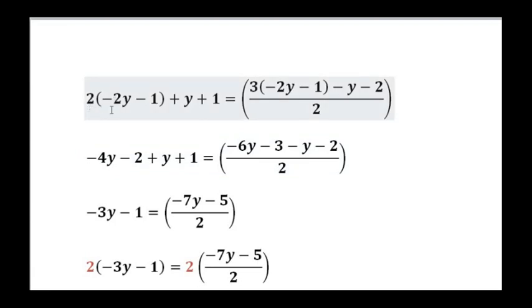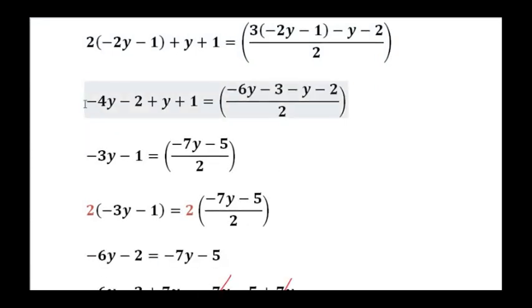Now 2 times -2y is -4y, 2 times -1 is -2. On the right side, 3 times -2y is -6y, and 3 times -1 is -3. -4y + y is -3y. -2 + 1 is -1.